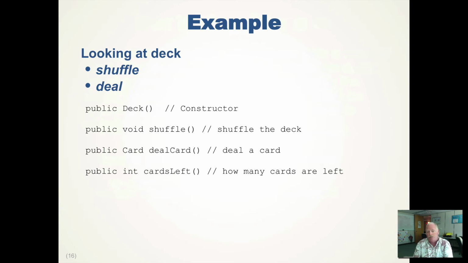That's an additional thing that wasn't in the verbiage of the description, but it's something you would think about: it'd be really nice to know how many cards are left in the deck. So that's a nice initial outline or design for our deck class.